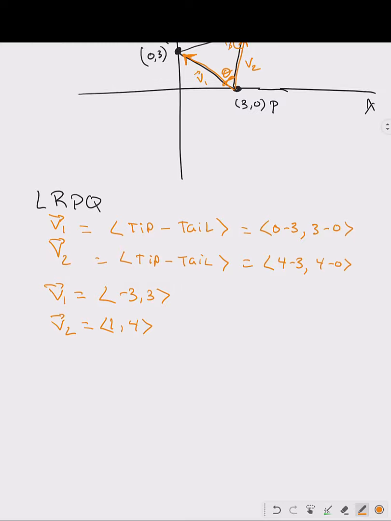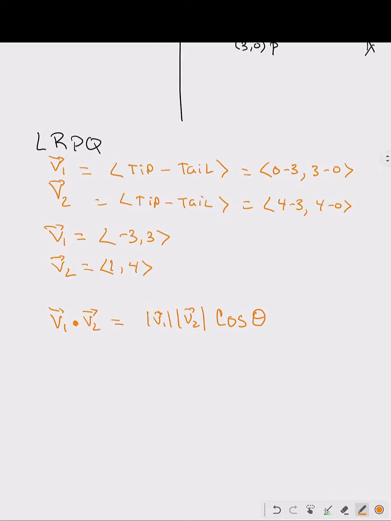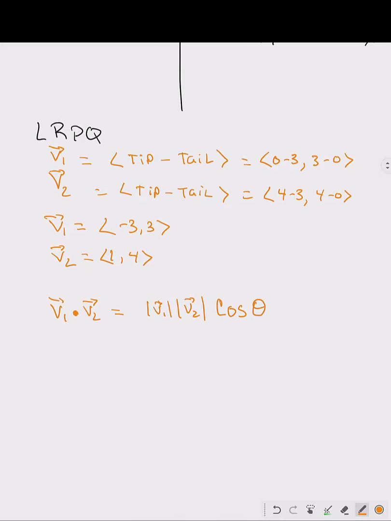And now I have vectors that describe the scenario that's happening up here. This is V1 and this is V2. Now we know that the dot product of V1 and V2 is equal to the length of V1 times the length of V2, where length or magnitude means the same thing here, times the cosine of the angle between them, which we're calling theta. So we divide both sides by the lengths.